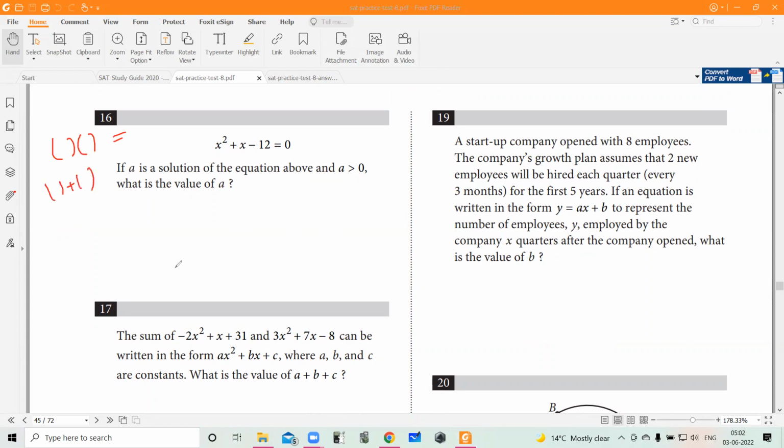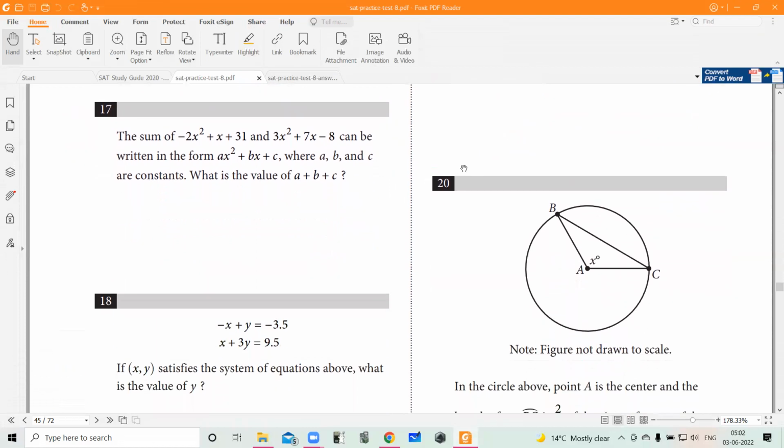The sum of -2x squared plus x plus 31 and 3x squared plus 7x minus 8 can be written in the form... Well, here we just add them. So -2x squared plus x plus 31 plus 3x squared plus 7x minus 8.